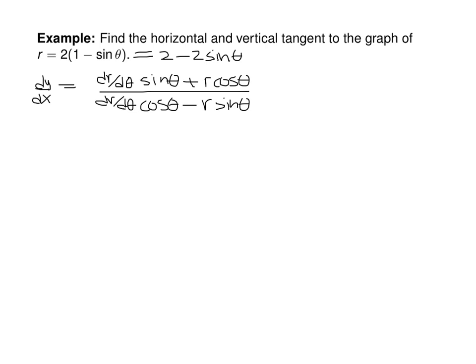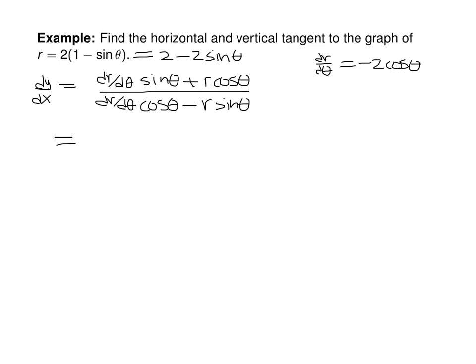And let's input everything. So if my r is 2 minus 2 sine theta, dr d theta will be negative 2 cosine theta.